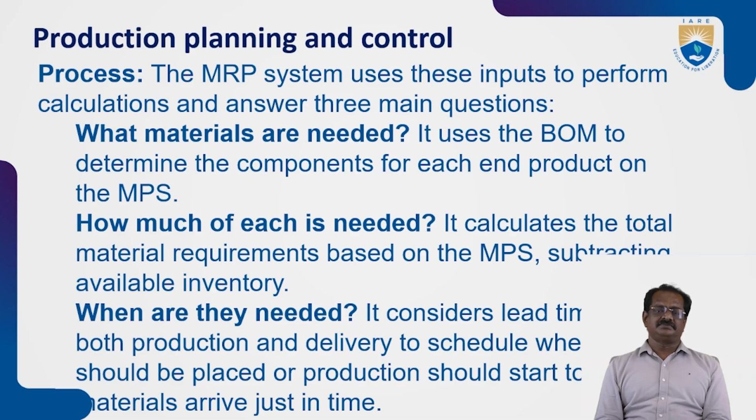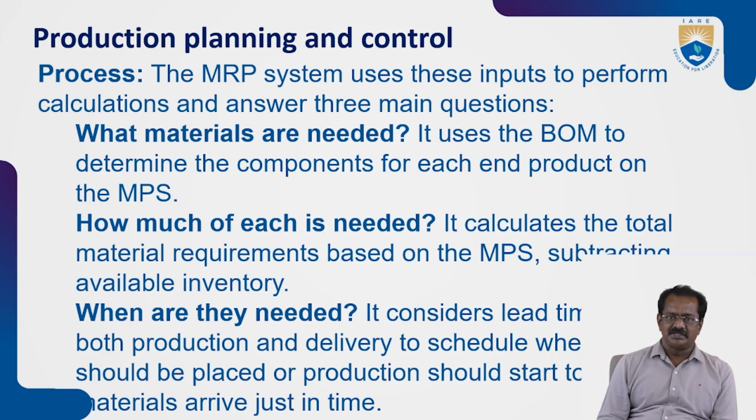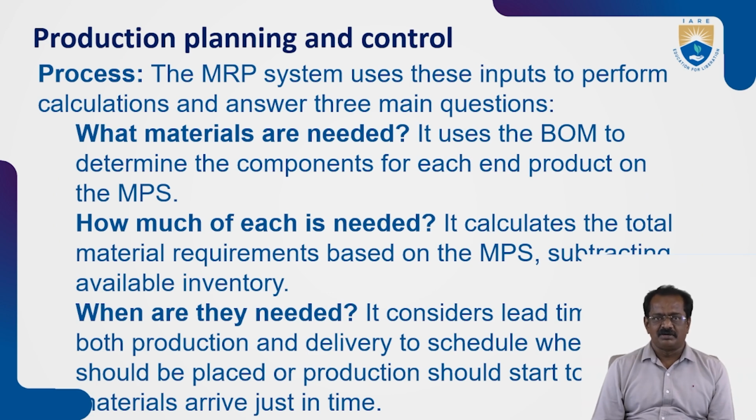The bill of materials is generated from the production drawing, along with the quantity needed of each item. The bill of materials table is made and given to the workers. How much of each quantity is needed is clearly mentioned in the bill of materials, and when they are needed for the timeline.